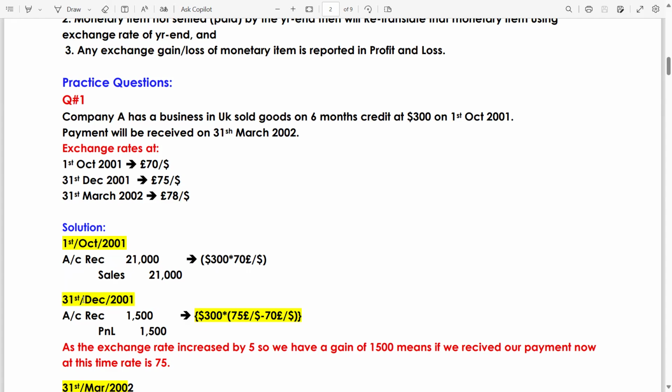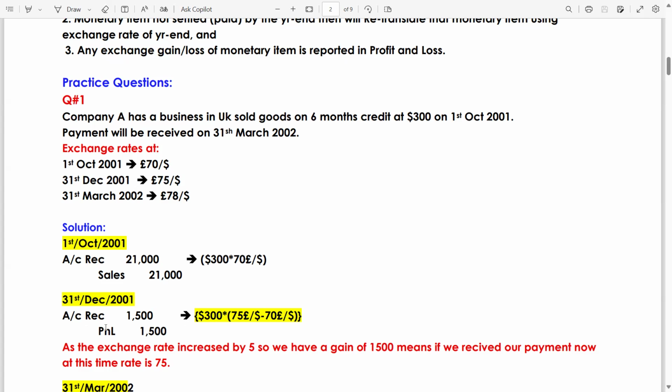At 31st December 2001, the exchange rate is now 75. There is a difference of 5, as the exchange rate increased by 5 GBP per dollar, so there is a gain. That's why we record account receivable debit, P&L credit, by £1,500. Why account receivable? Because still no payment has been received.